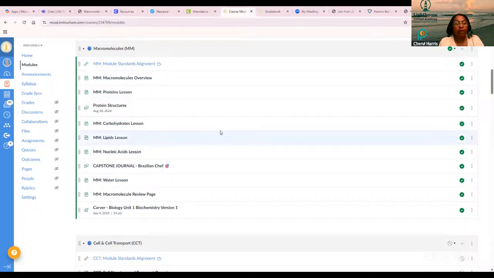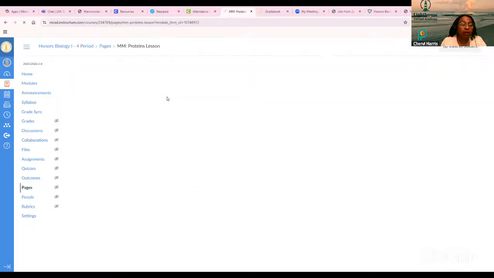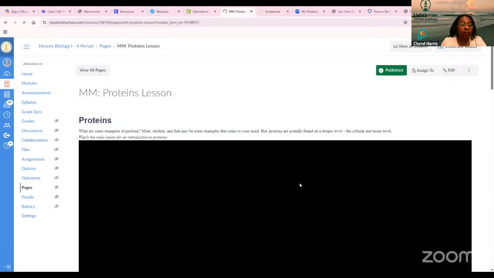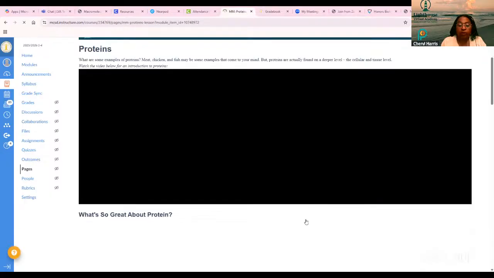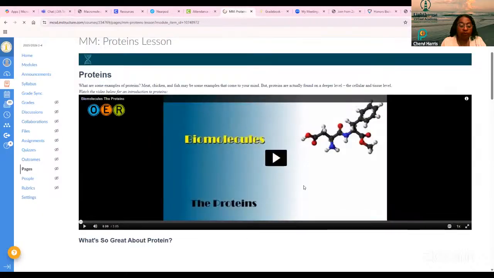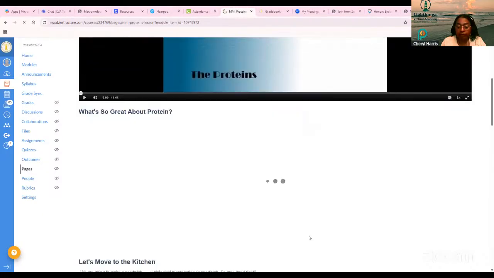All right, as far as the module is concerned, if you're already done, look at the module in Canvas on proteins. We've watched that video already.